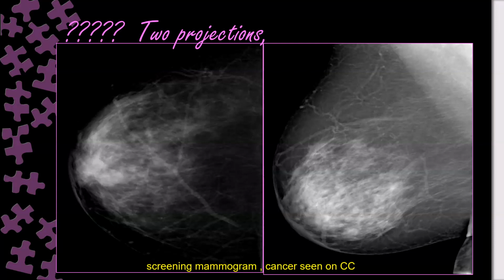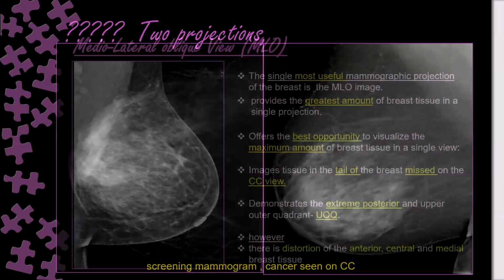That is why we mentioned before that a quarter of cancers can be missed in single view projections.